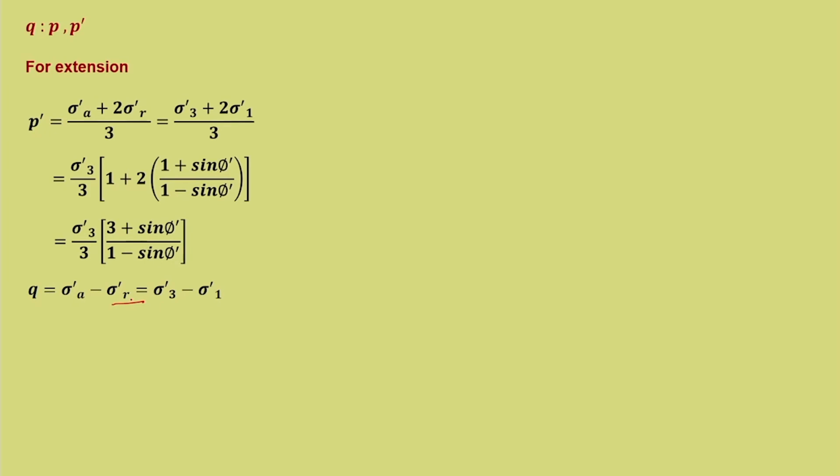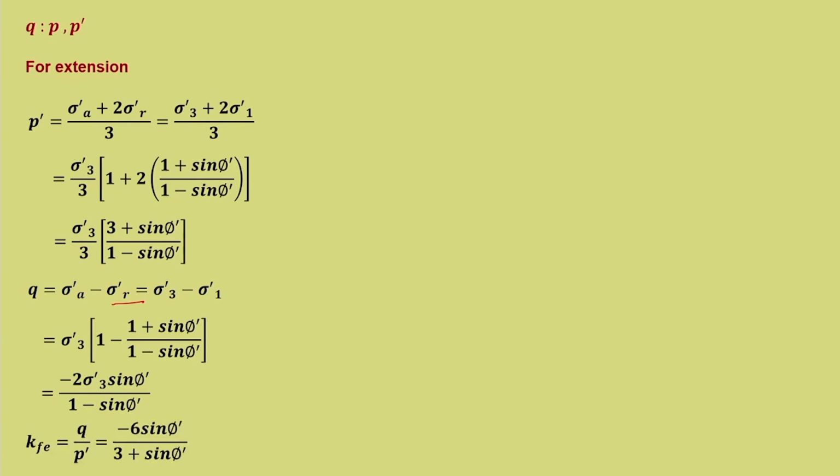Then Q is equal to sigma A dash minus sigma R dash. So, sigma 3 dash taking it outside, you have 1 minus (1 plus sin phi dash upon 1 minus sin phi dash), that will give minus 2 sigma 3 dash sin phi dash upon 1 minus sin phi dash.